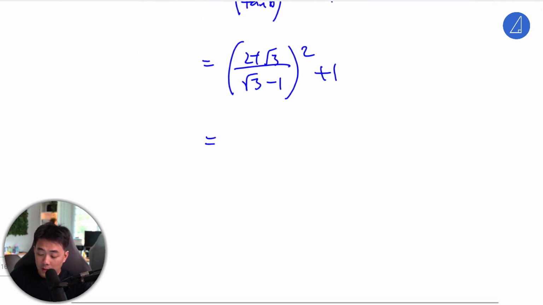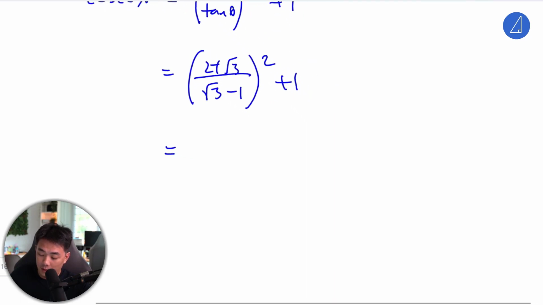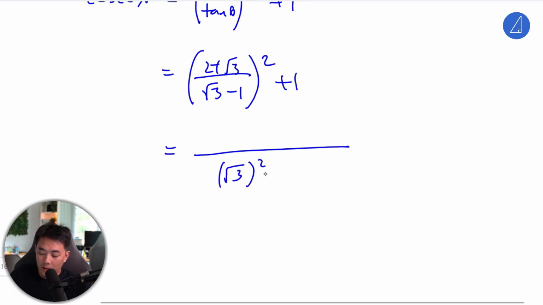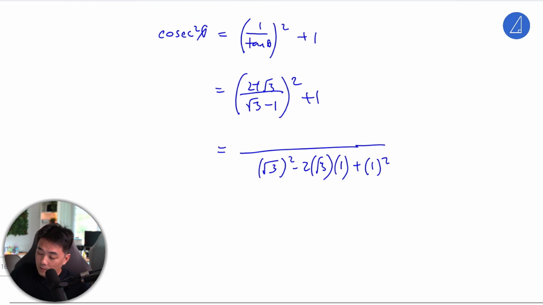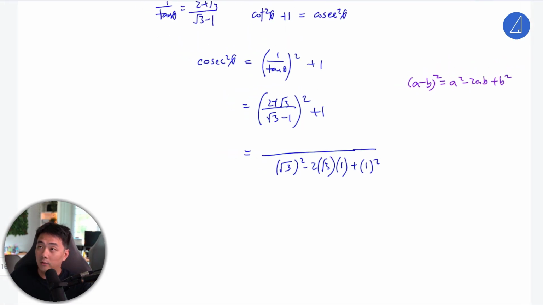So what we do is, I think this is pretty okay. We're going to just expand this. That will be root 3 squared minus 2 root 3 plus 1, plus 1 squared. It's just you using a minus b squared, a squared minus 2ab plus b squared, the formula there.